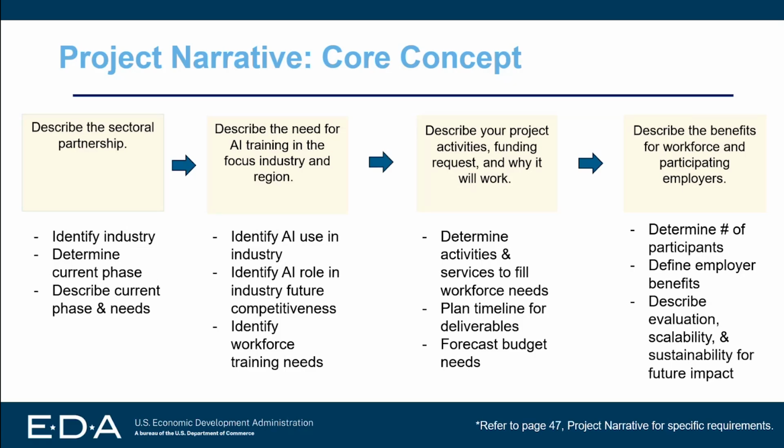So in your sectoral partnership, it's critical to identify the industry and your partners. And it's critical to determine what phase your sectoral partnership is in. When you're describing the need for AI training in the focus industry and region, again, that is getting to the special need requirement that must be addressed in all applications.